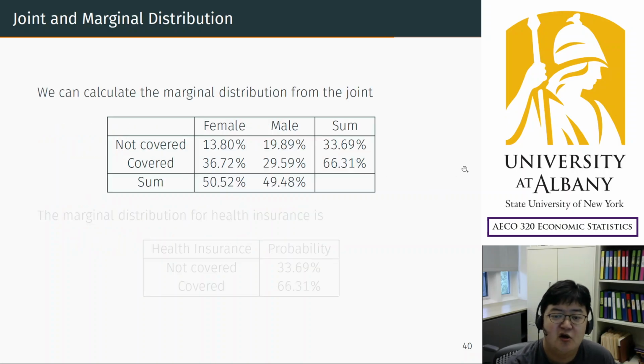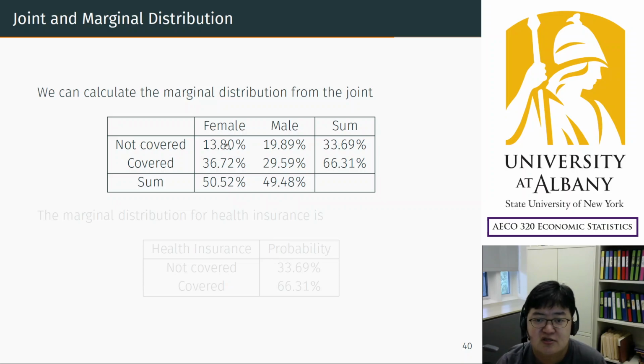So think about this. We made this 2 by 2 table, and also you can easily calculate their sum, right? So sum across these two, within this column, and you get 50%, which is the probability of female.